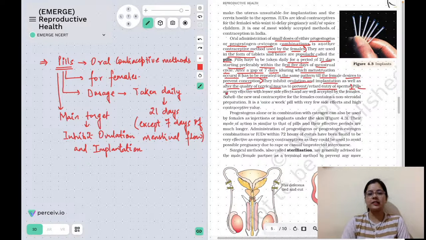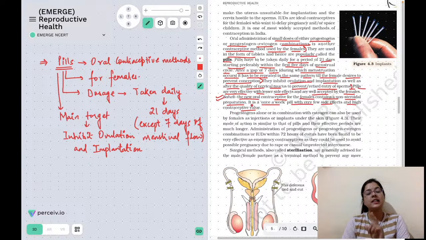Now pills are very effective with lesser side effects and are well accepted by females. The best example I had already told you in the previous lecture is Saheli, the new oral contraceptive for females, which contains a non-steroidal preparation, a once-a-week pill with very few side effects and high contraceptive value, which was developed by CDRI, that is the Central Drug Research Institute.